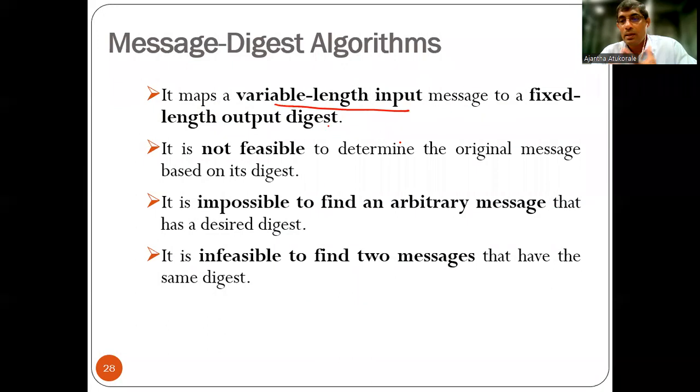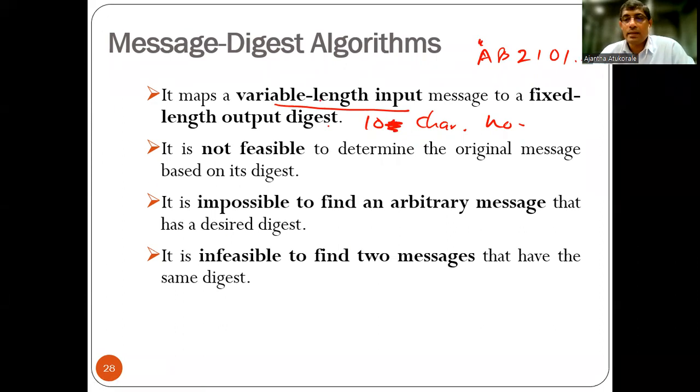Whatever fixed length means, let's say it's 100 characters, some number. This need not be all numeric, it can be like A, B, C. It's really not 100 characters, but let's say 10 characters, easy to understand.